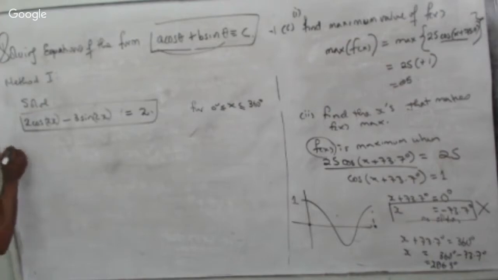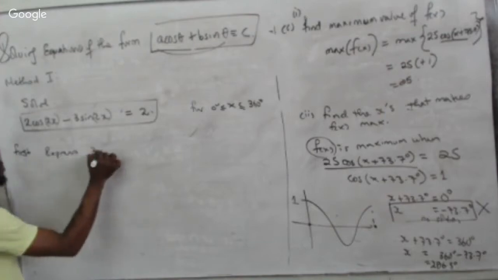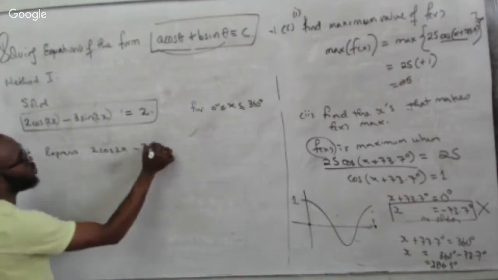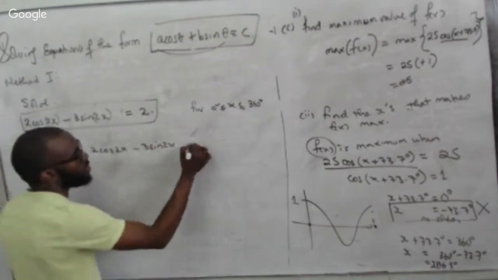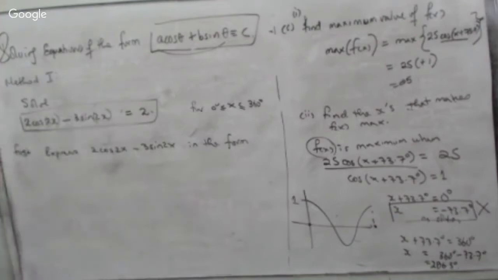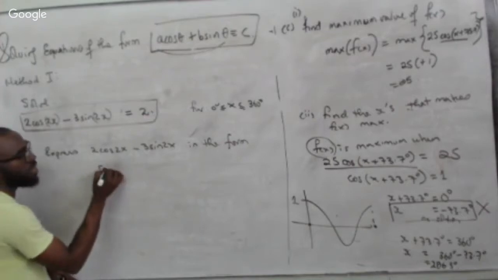So in doing that, I will first express 2 cosine 2x minus 3 sine 2x in the form, and this is where we need to be able to build our own form. So I need to put this in the form of r cos or sine.